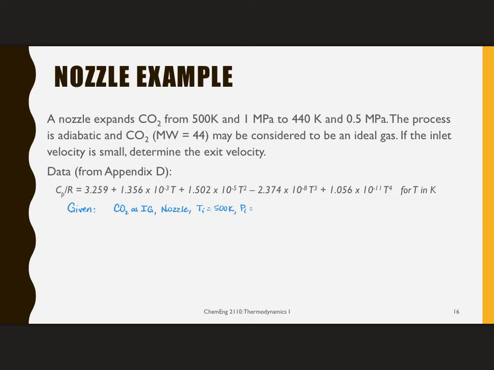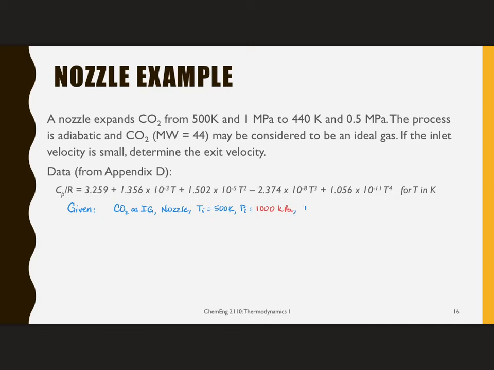Now, based on what I said in previous lessons, it's really helpful to go ahead and do this in kilopascals. So 1 megapascal is 1,000 kilopascals. You don't have to do that, but it will just make the rest of your work quicker.